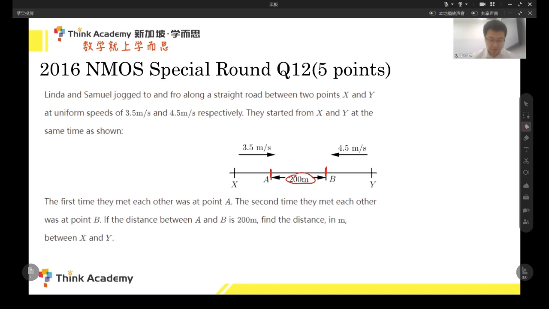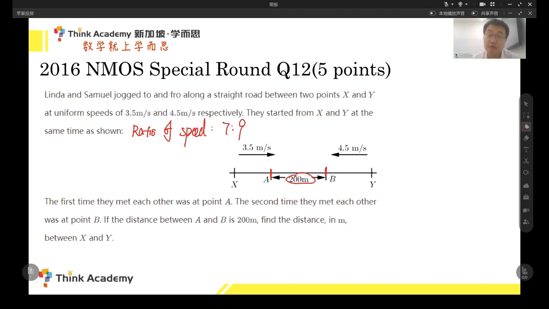Now, different from the former question, we know the speed here, but we do not know the time. But without the time, we at least have the ratio of speed. The speeds are 3.5 and 4.5, which means the ratio of speed is 7 to 9.